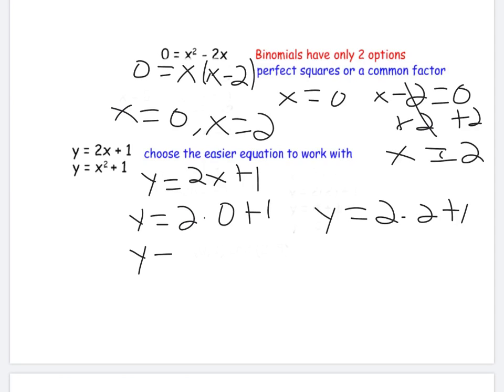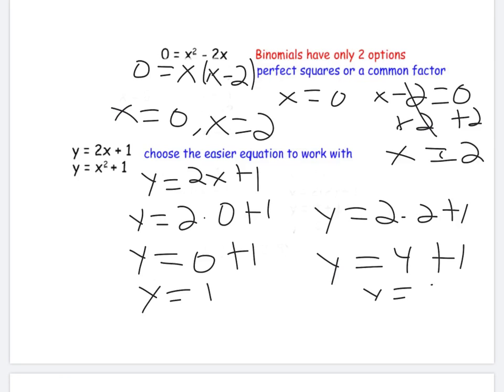So y equals 2 times 0, which is 0, plus 1, and y equals 2 times 2, which is 4, plus 1. Adding now, I have y equals 1 and y equals 5. So my two solutions for the system are (0, 1) and (2, 5).